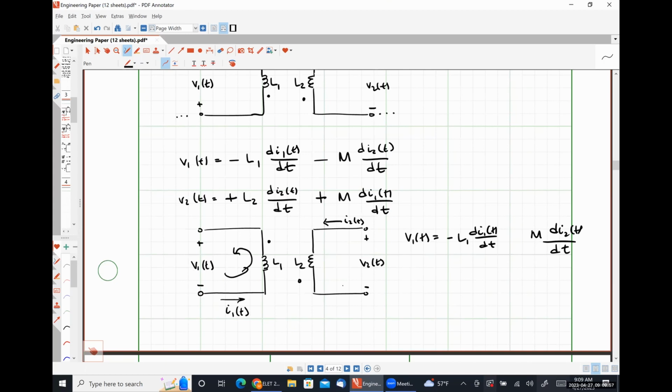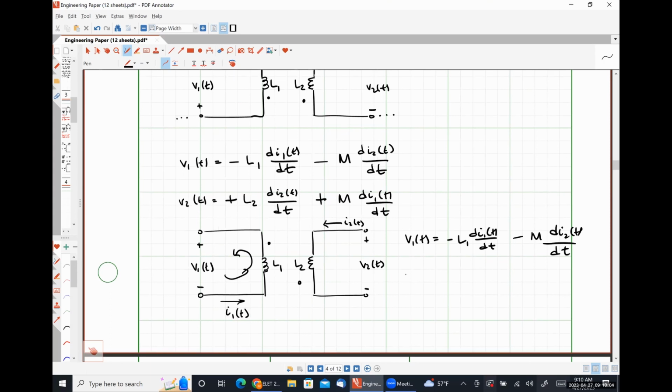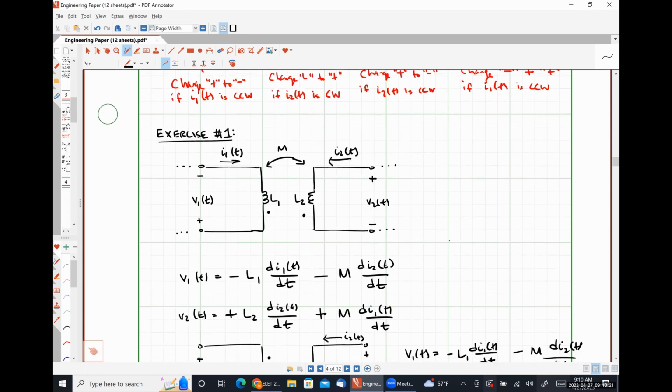I2 is counterclockwise, so we leave the minus sign alone. For V2, we're going to have L2 di2 by dt over here, M di1 by dt. So we're expecting a plus sign.